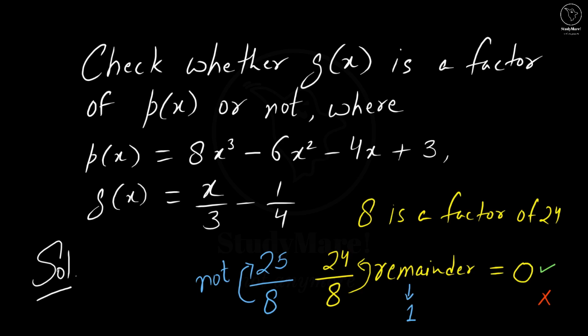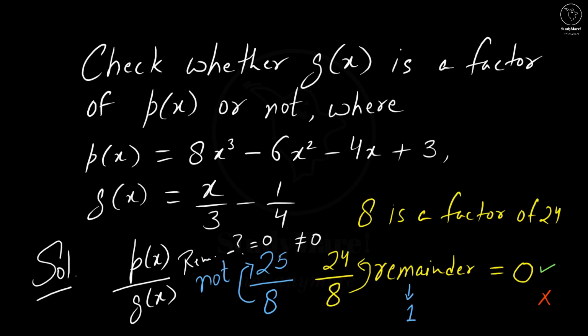So here you have to divide p(x) by g(x) and check for the remainder. If the remainder is 0, then this is a factor. If it is not equal to 0, then this is not a factor. That's the only concept and that's the only procedure to solve not only this question but all other similar questions.